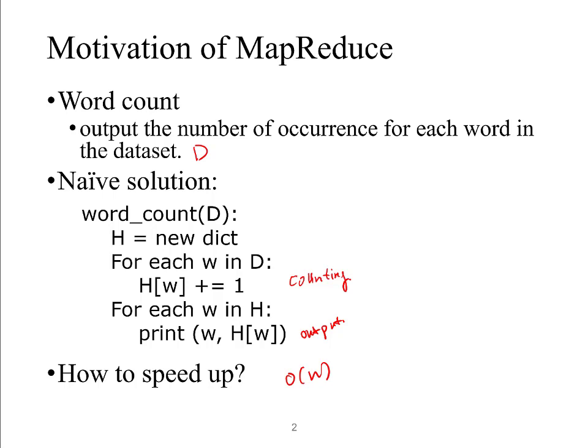There could be millions or even thousands of millions of books in the corpus, in the dataset. And if you go through them using a single machine, that would consume a large amount of time.